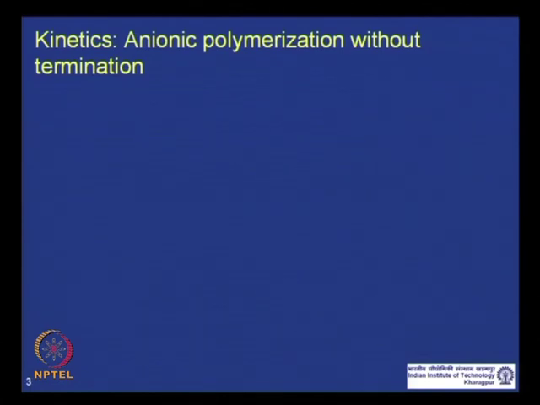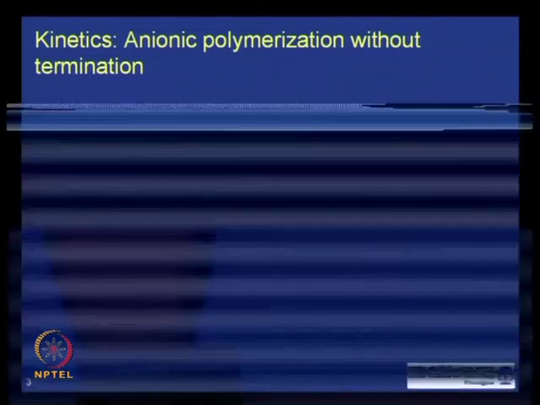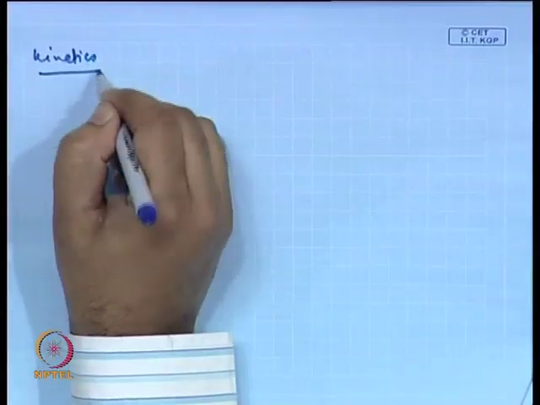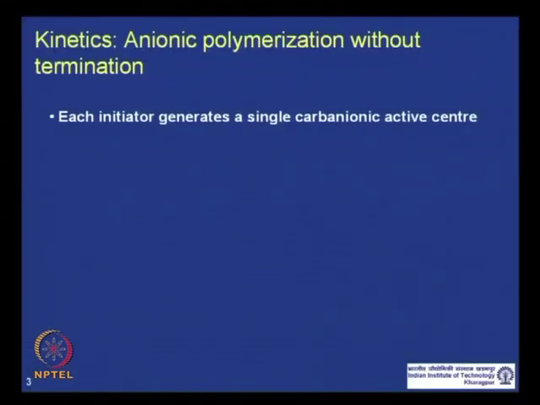Now, let us talk about the kinetics of anionic polymerization. Before we go into detail, let us recap what we learned in anionic polymerization, so that our kinetics understanding will become easier. Now, we know that in case of anionic polymerization, the initiation is faster. Remember the discussion we had for radical chain polymerization, where the initiation step is much slower compared to the propagation step.